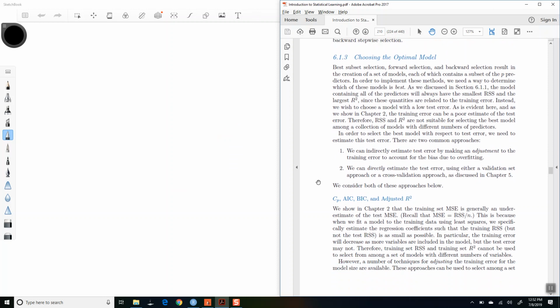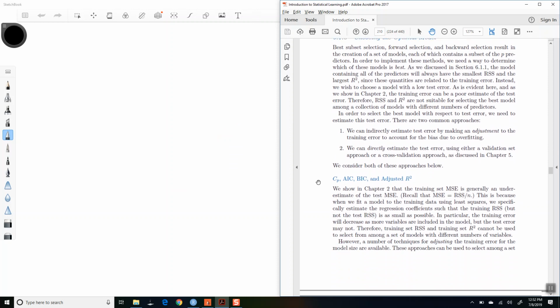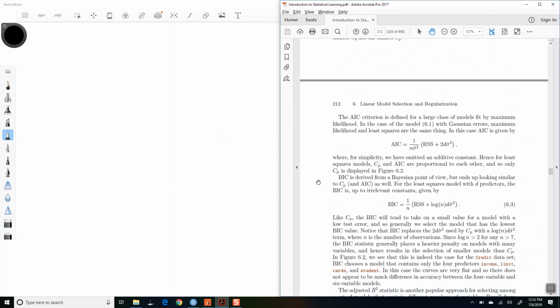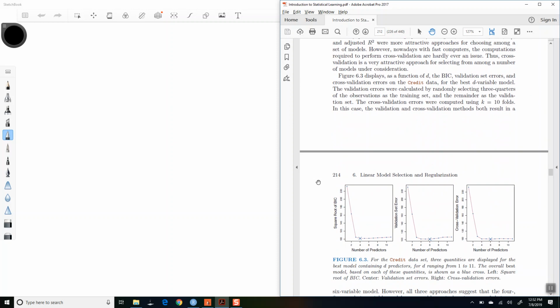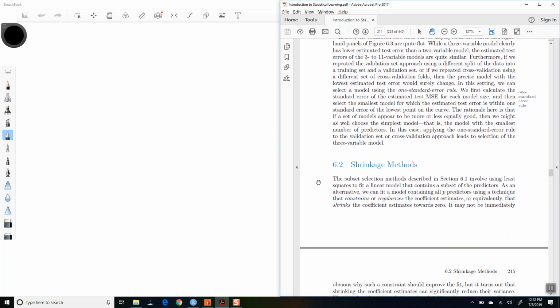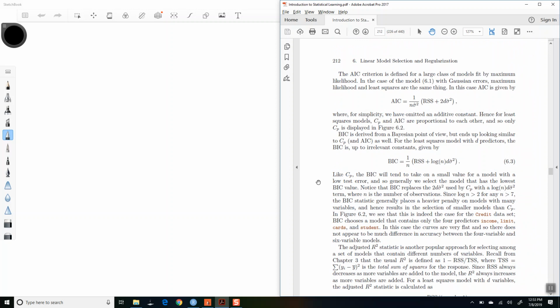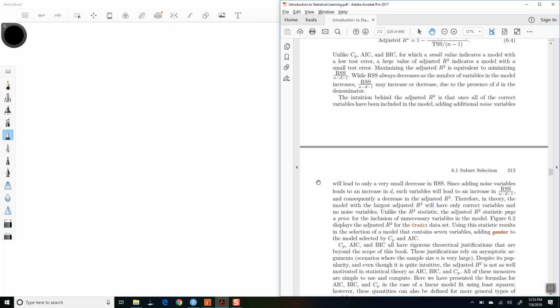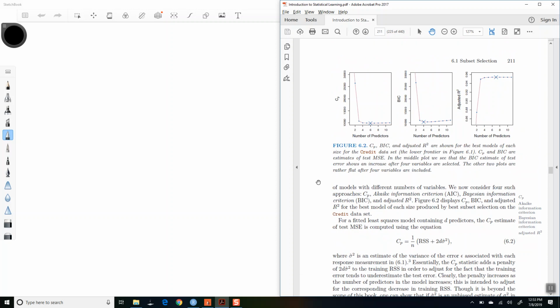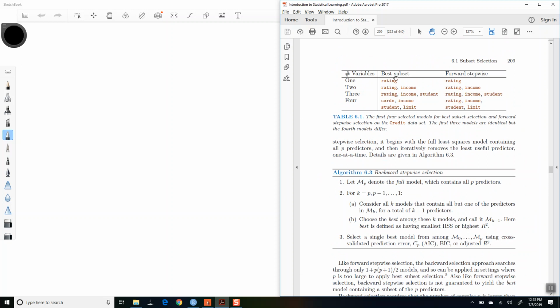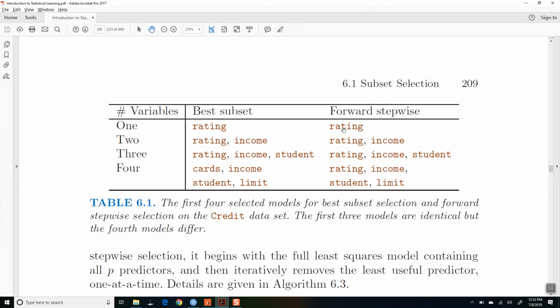Forward stepwise selection is not guaranteed to give you the best, but in general you get pretty good results. If you checked out every single possible model and compared it to forward stepwise selection, which one does it better? With forward stepwise selection, rating was most important, so that is locked in.